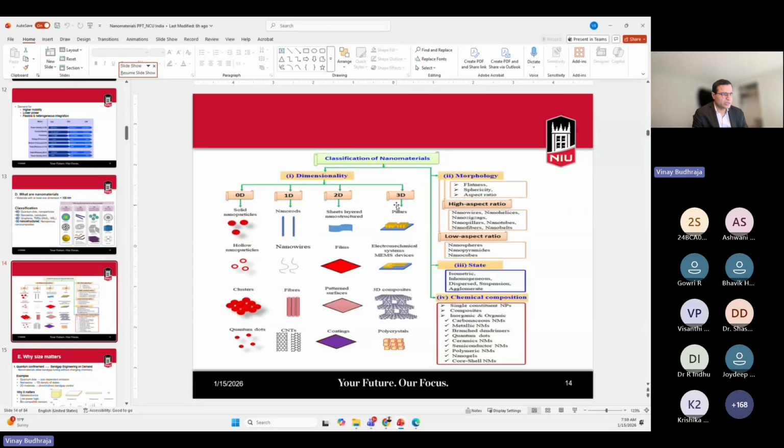So 3D is most of the long-term future, in 2030 and beyond. We will see the devices will be based on 3D materials.